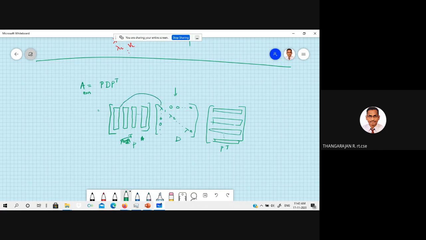Lambda 1 is the eigenvalue of vector V1, and lambda 2 is the eigenvalue of V2, like that. These lambda 1, lambda 2, up to lambda n are in decreasing order. And the last matrix is the transpose of P.